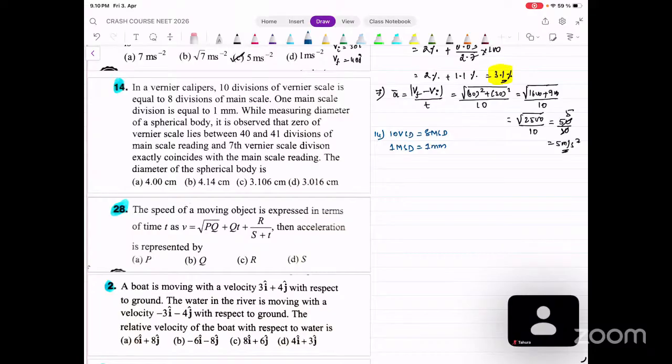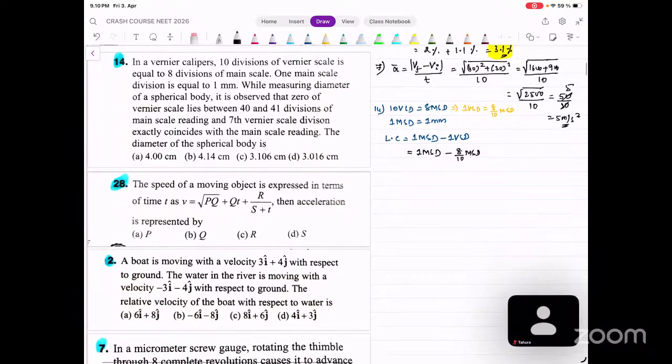So first you calculate the least count beta. Least count of the vernier scale will be equal to 1 MSD minus 1 VSD. ठीक है ना. 1 VSD कितना आ रहा बताइए इसमें से. So from this one I can calculate 1 VSD is equal to 8 divided by 10 MSD. So 1 MSD minus 1 VSD is 1 MSD minus 8 divided by 10 MSD.